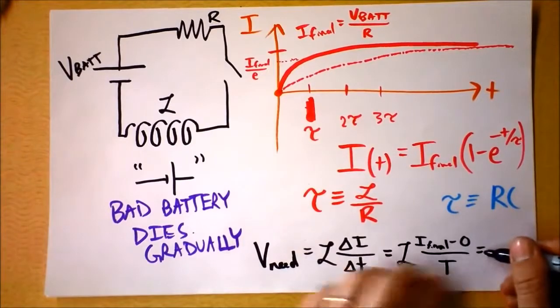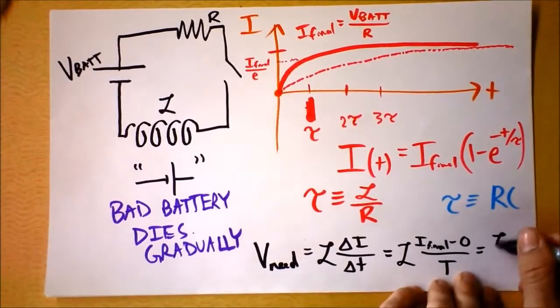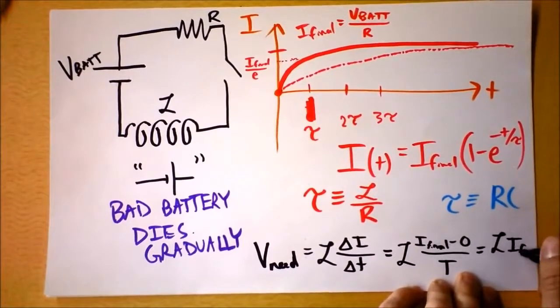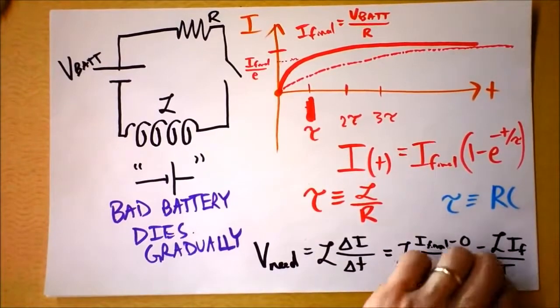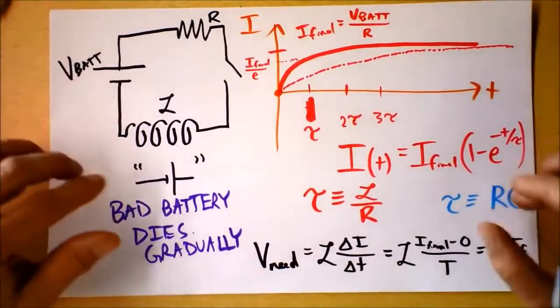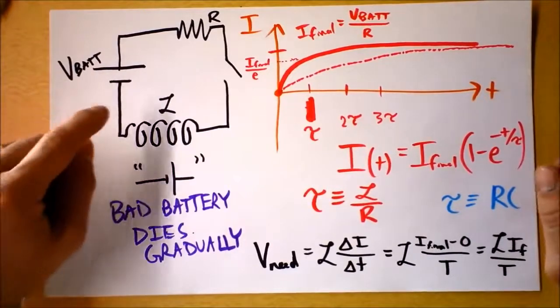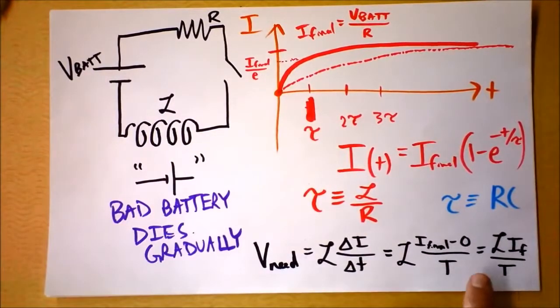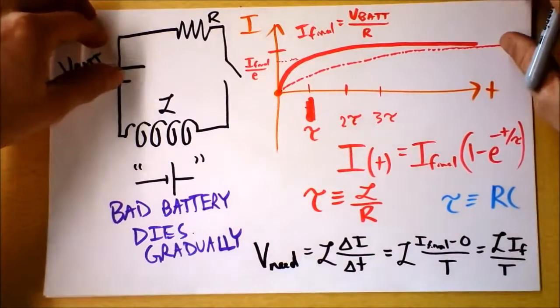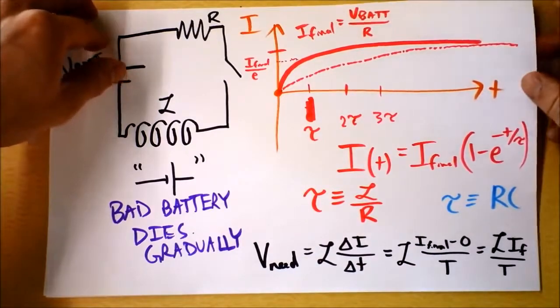So the voltage that we need is the inductance times the final current divided by the time. My plan here is to increase the current from 0 to I final in some time t, and I want to think about what kind of power is required to do that.